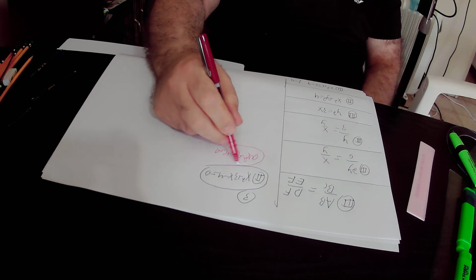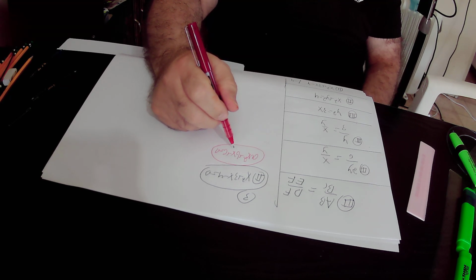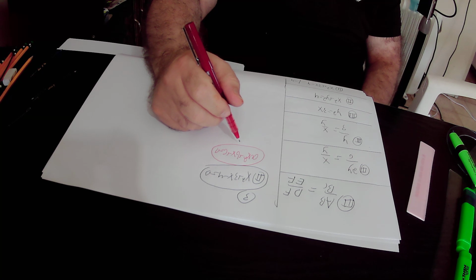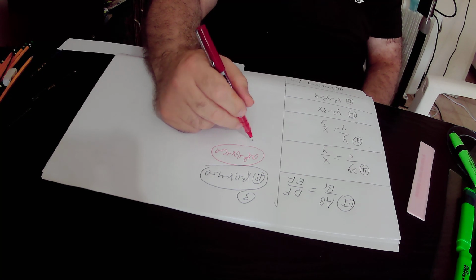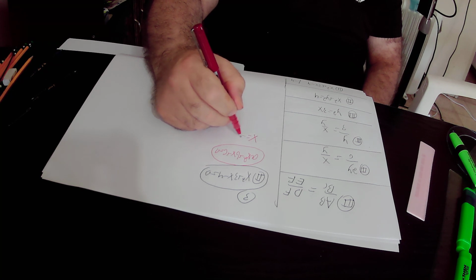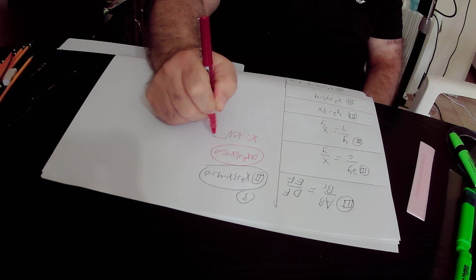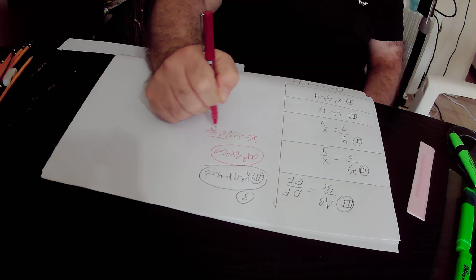Here a, b, c are the coefficients of the quadratic equation, and x is the variable that we are looking for, and we will find the value of x according to the following formula. x equals minus b plus minus square root of b squared minus 4ac over 2a.